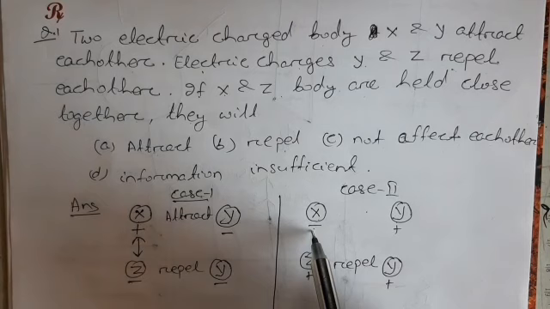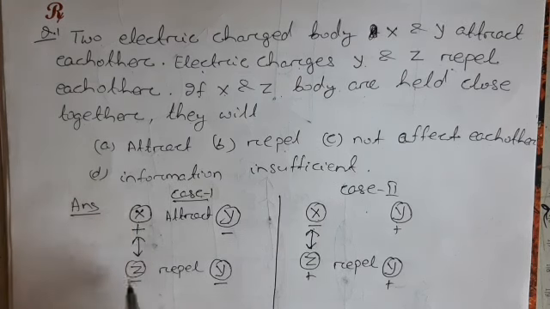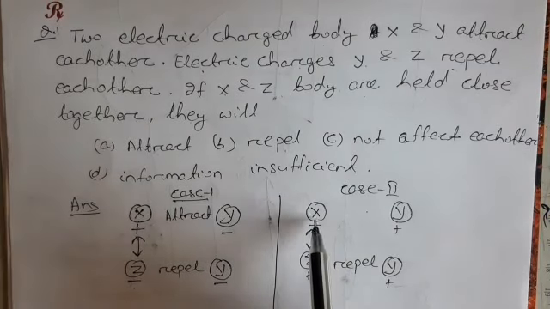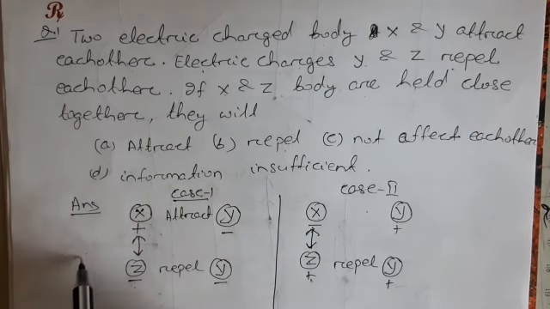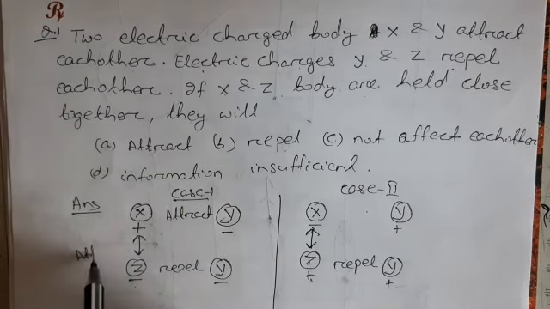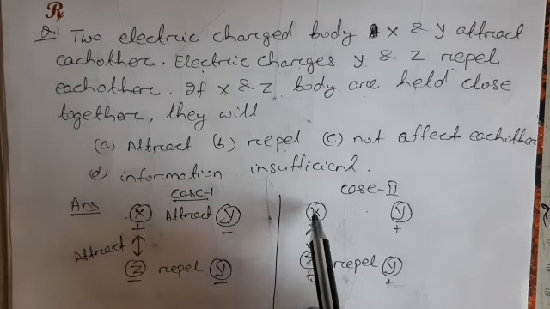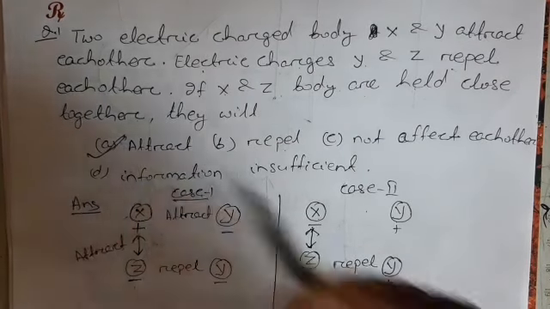Look, in case 1, I have taken x positive, y negative, and z negative. Then in case 2, x is negative and z is positive. In both cases, they will attract. Why attract? Because unlike charges attract. So option A is right.